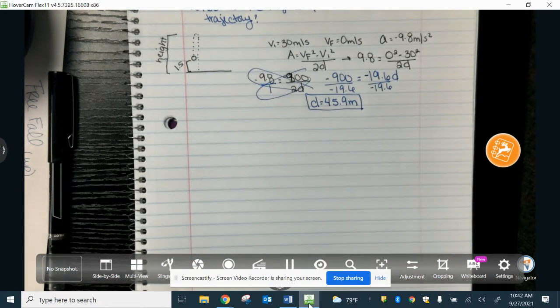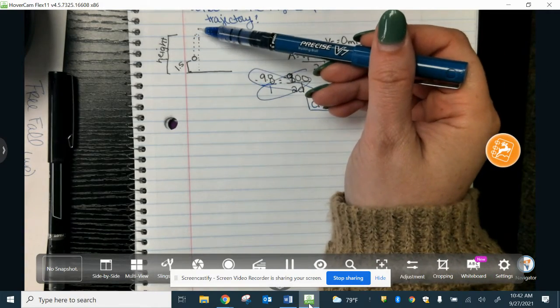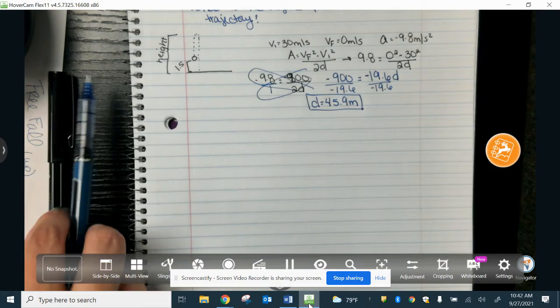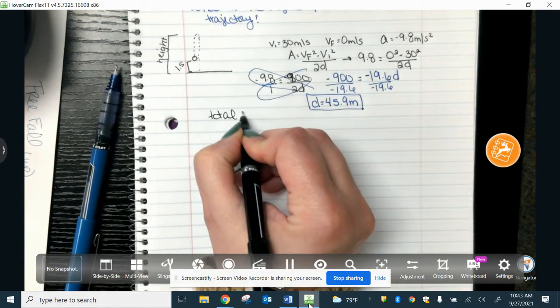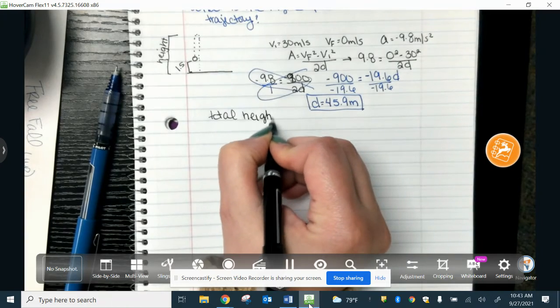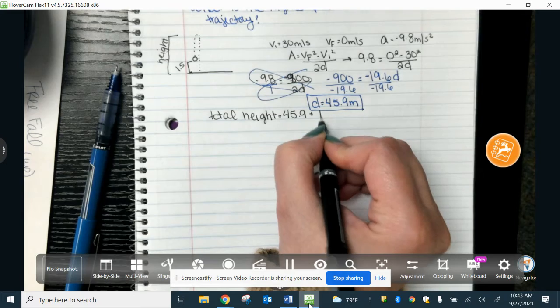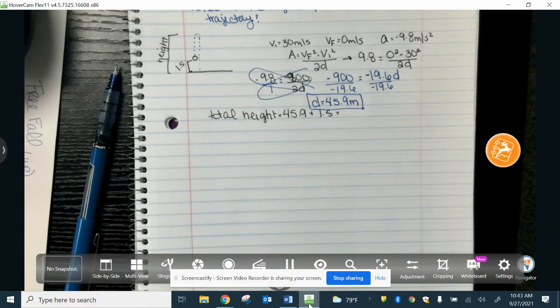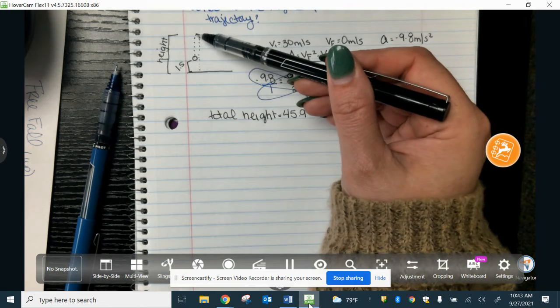All right, so it travels 45.9 meters from where it was thrown. That is not my total height. My total height, I have to add in 1.5, because it traveled 45.9 from here to here.